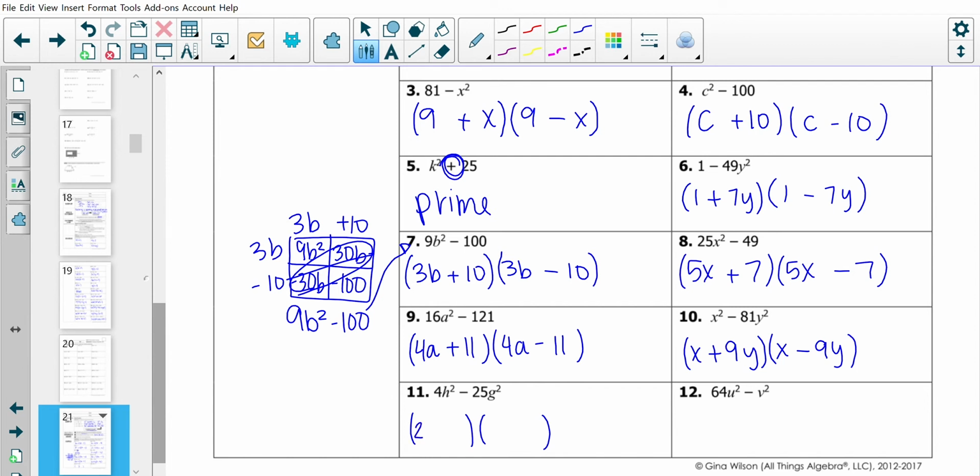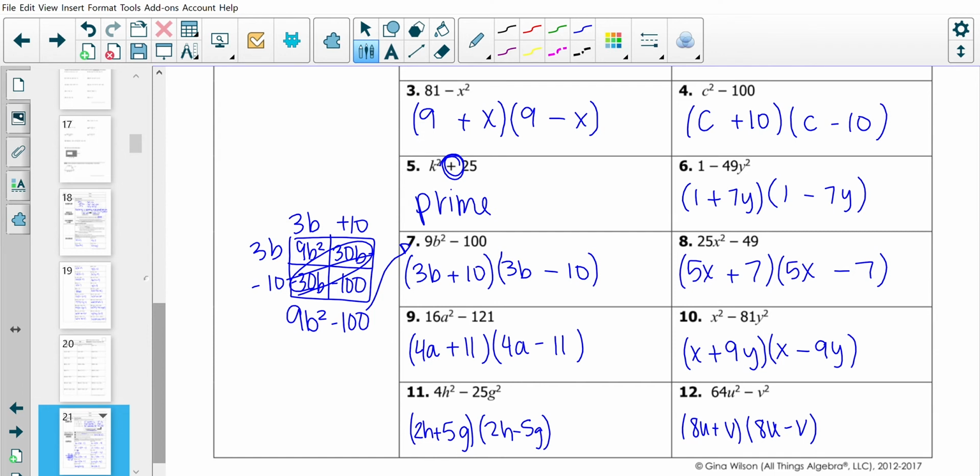Square root of 4 is 2. H squared is h. 25 is 5. G squared is g. Plus, minus. Okay. Square root of 64 is 8. U squared is u. V squared is v. So you have 8u plus v, 8u minus v.